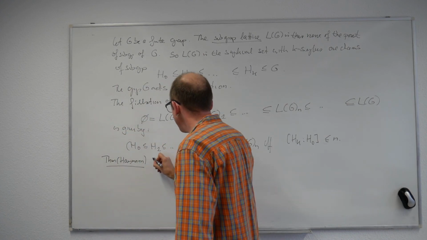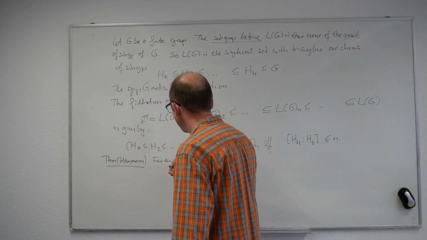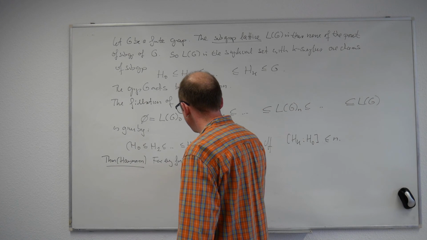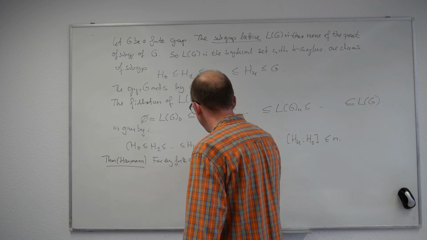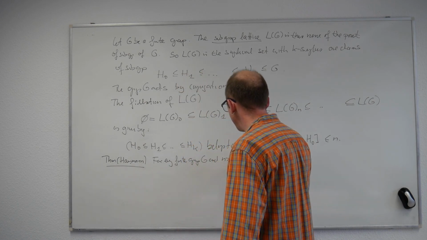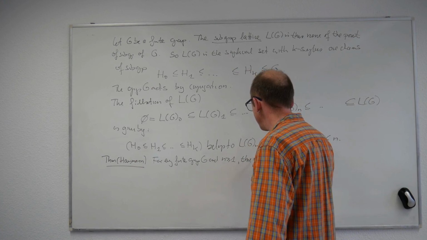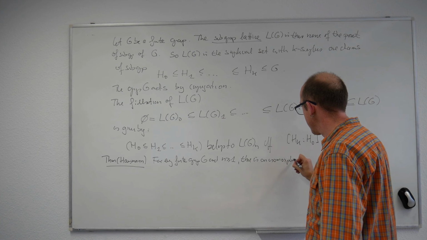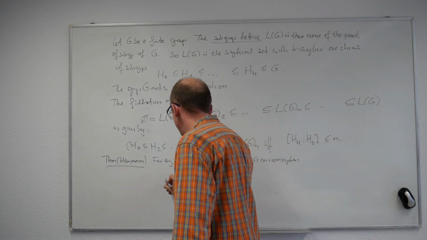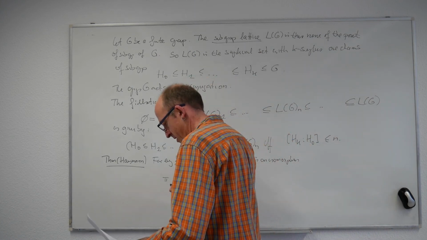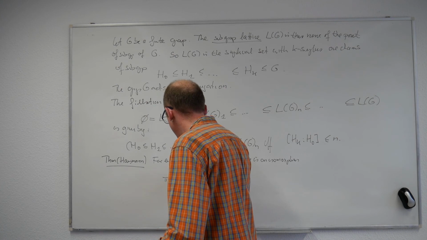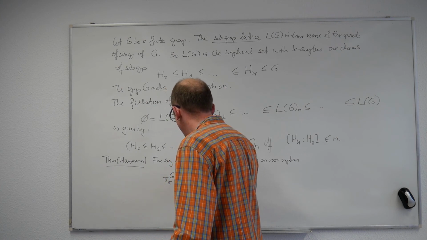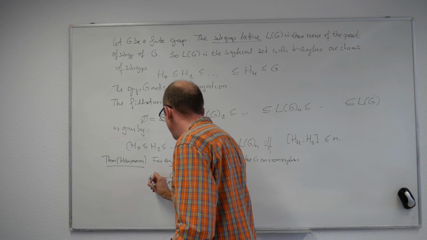For every finite group G and n greater or equal to 1, there's an isomorphism between the graded equivariant homotopy groups of the nth symmetric product, but rationalized.